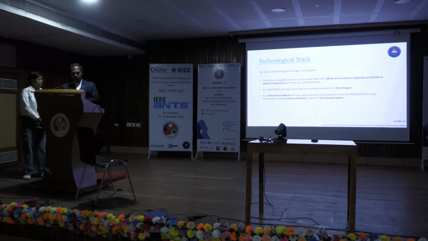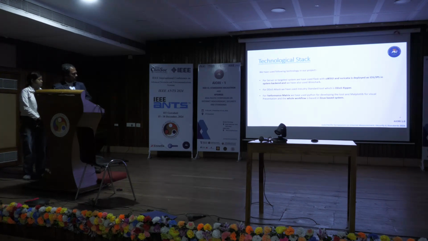The name of our solution is FlowGuard, and for it we have used three systems. System A is the server, system B is the benchmarking system, and system C is the attacker system.